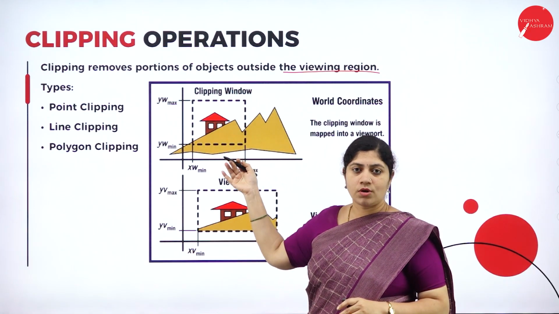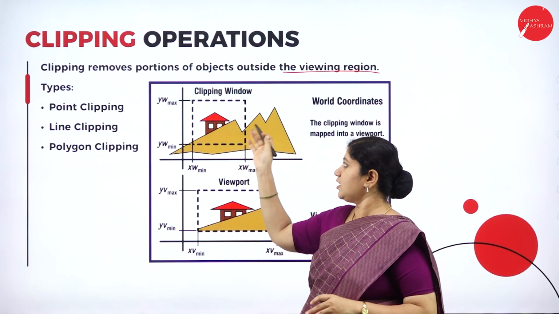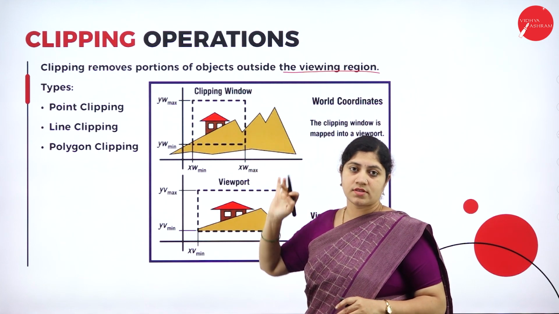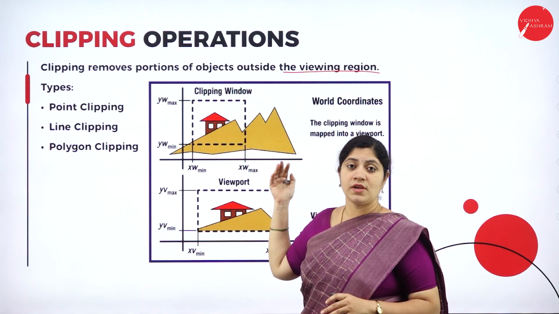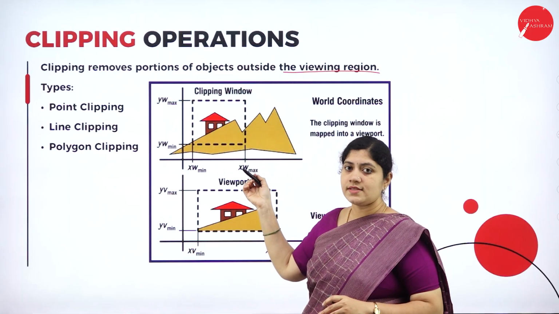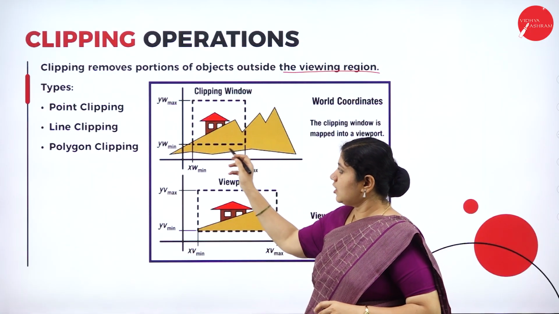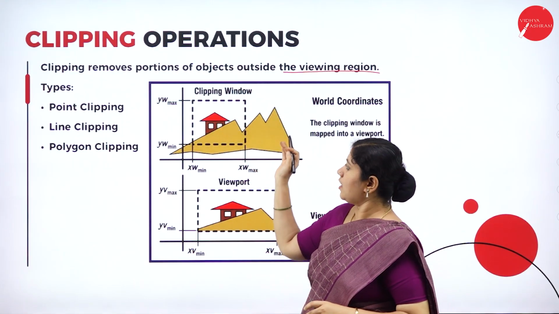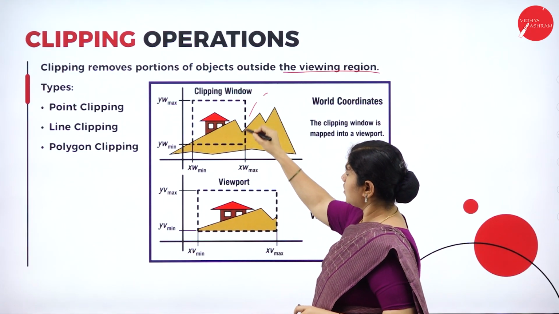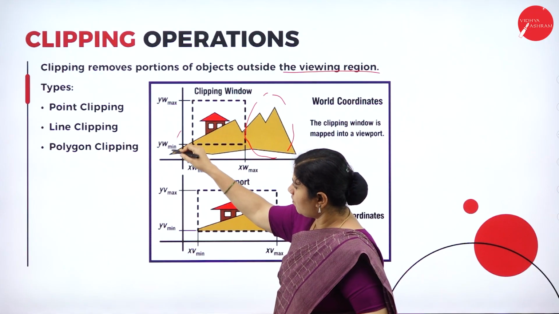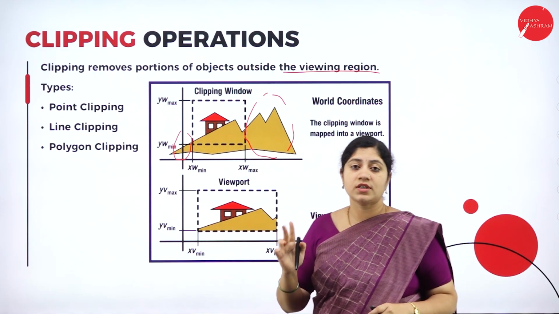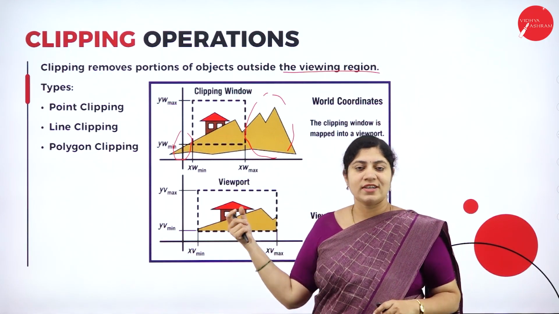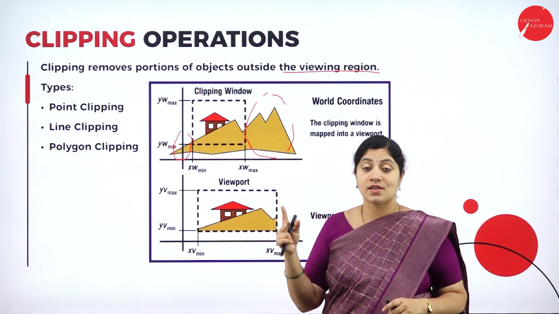It might not be useful, or it can't be dragged inside our visible regions. There might be a lot of reasons. Thus, only the viewing portion of the image will be retained and the rest of the portion of the image will be trimmed off or cut. So this criterion is considered as clipping.